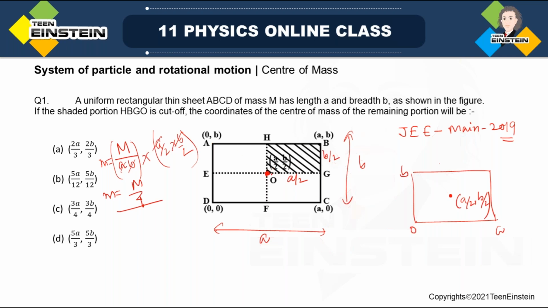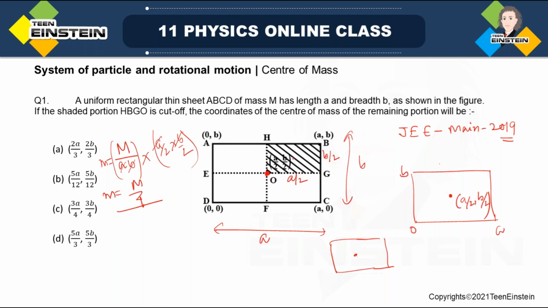When this whole uniform rectangle is there, the center of mass is at the center. Now if I just consider this small rectangle, which is more like a square, then also the center of mass will be at the middle point.